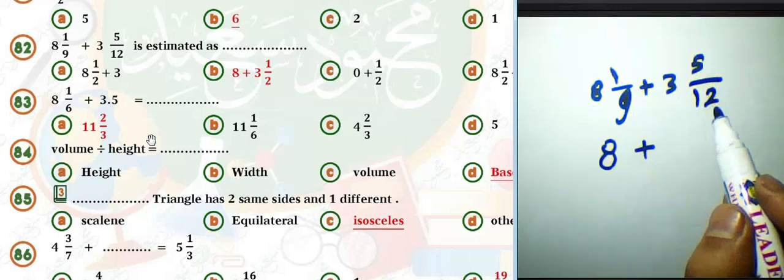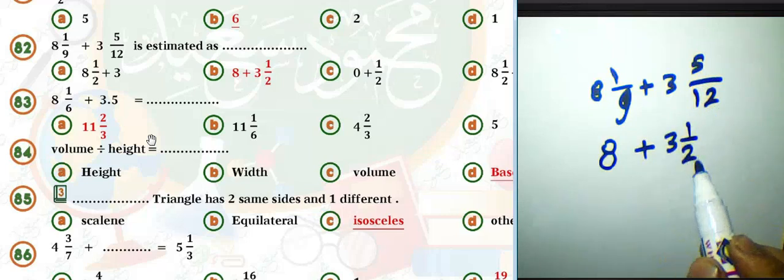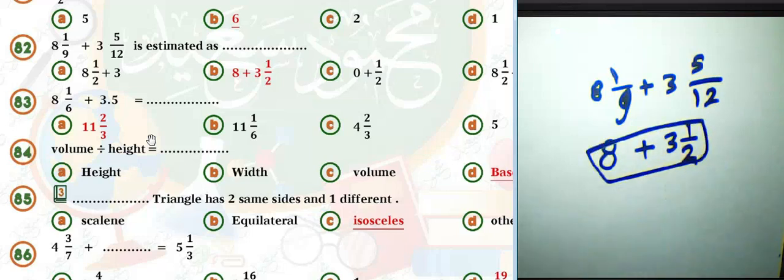And 5 is nearest to half of 12, half of 12 is 6, so we can write here 3 and half. So we must choose letter B.